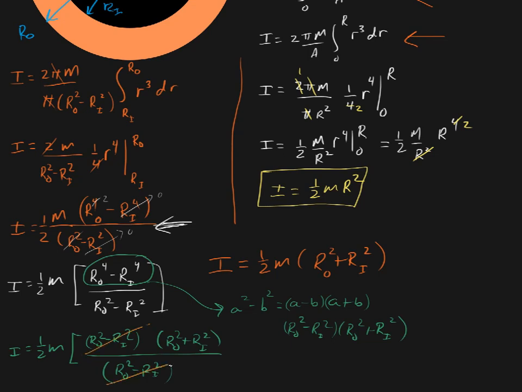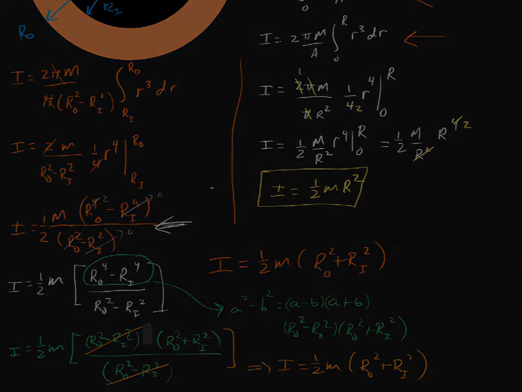So this term and this term cancel, and that just leaves us with I is equal to 1/2 m times r outer squared plus r inner squared. Okay, so there was really a lot to bite off whenever we did this second one, but I just wanted you to see that, just like before, the setup itself fundamentally is the same thing. Once you get that integral done, all you have to really do is change your limits of integration.